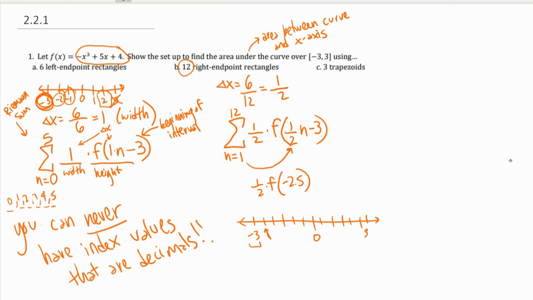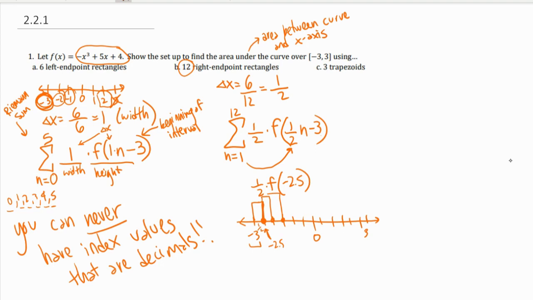My interval begins at -3, but my starting point is going to start to the right of that. My first rectangle is going to start at -2.5, because again, the width of each rectangle is 1/2. So if our interval starts at -3 and then we go over 1/2, now we're at -2.5. And that's actually where my first rectangle begins. My next rectangle will go up 1/2 at -2, and then my next rectangle will be -1.5, et cetera, until I get to 3.